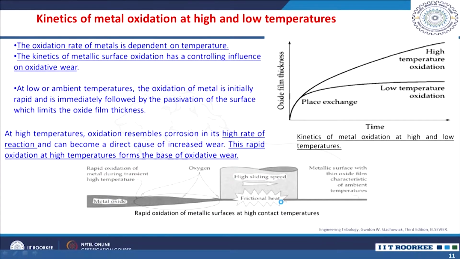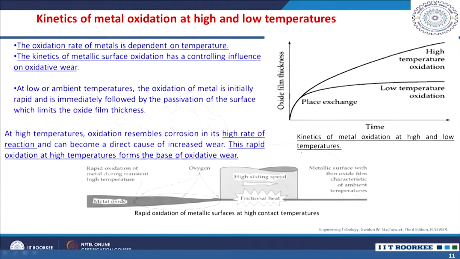So, as I told, the kinetics of these tribochemical reactions are different, right. The kinetics of metal oxidation depend on the temperature as well as the stresses. The oxidation rate of metals is dependent on temperature. The kinetics of metallic surface oxidation has a controlling influence on oxidative wear.